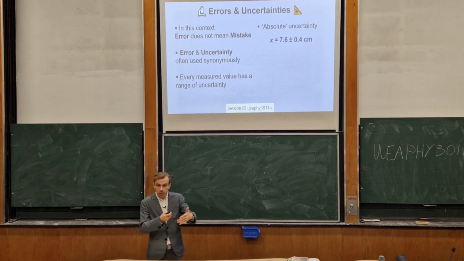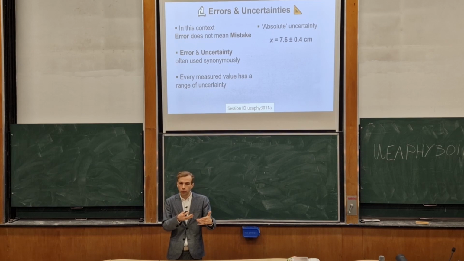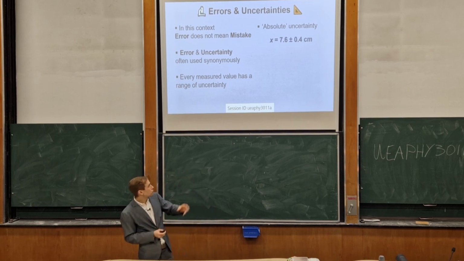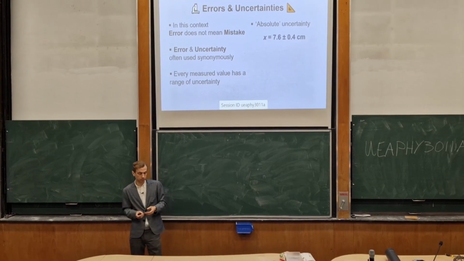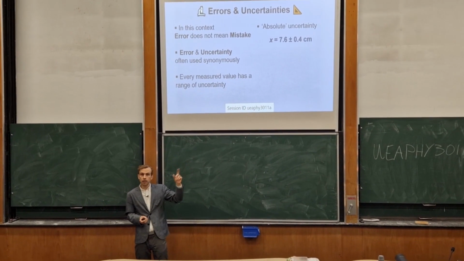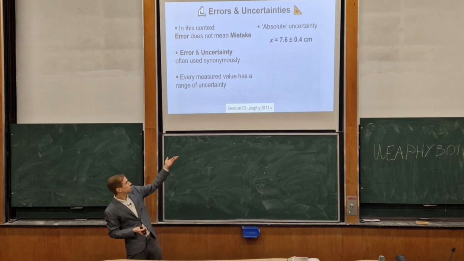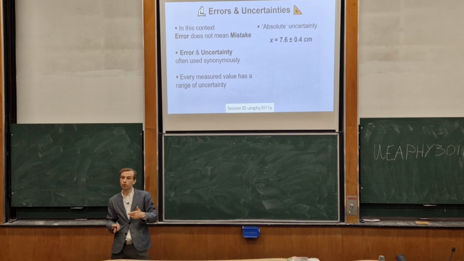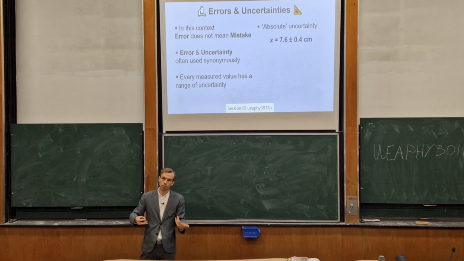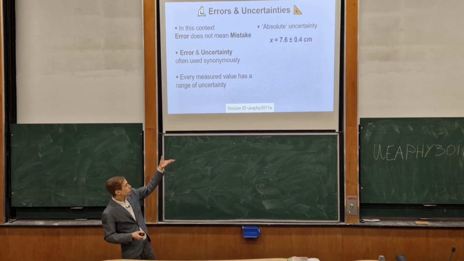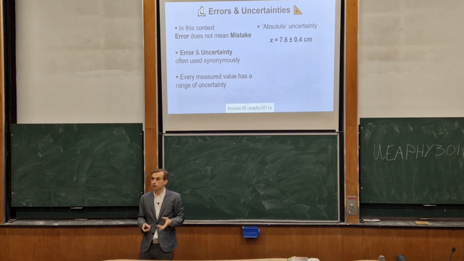So maybe if you're measuring some distance, it's 7.6 centimeters, and then there's that range of uncertainty of 0.4 centimeters. And the plus or minus is just there to indicate that it could be as high as 7.6 plus 0.4 or 7.6 minus 0.4.